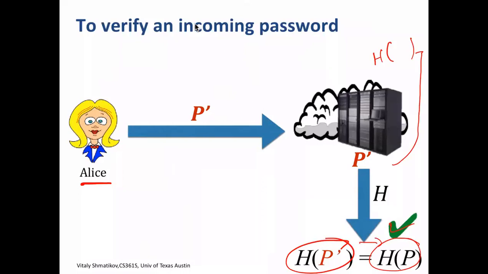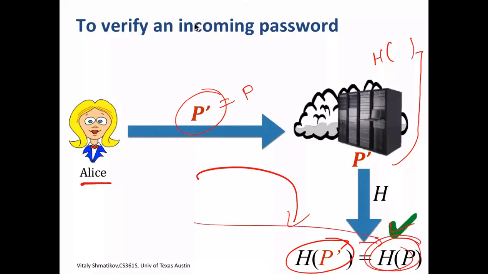Sir, is it possible that H(P) equals H(P') for some pair of P and P'? The user will be allowed in only if P' hashes to the same value as P. So you mean to say, given this H(P), can there be multiple values of P'? Yes, there is a possibility.